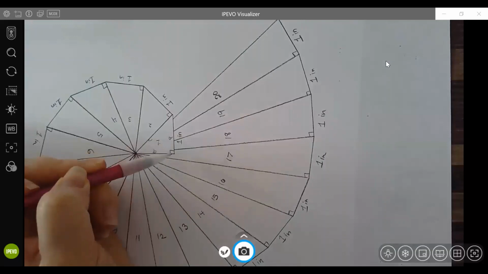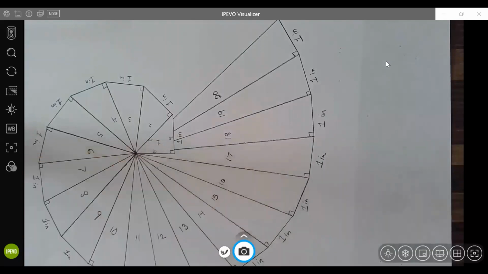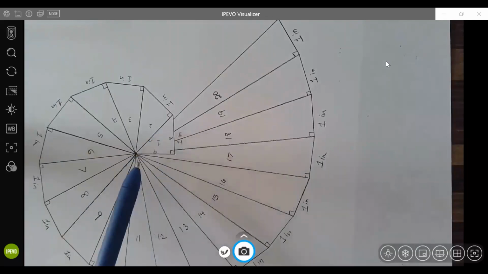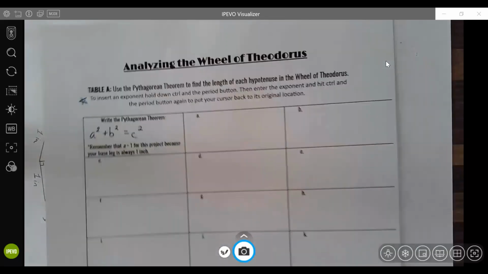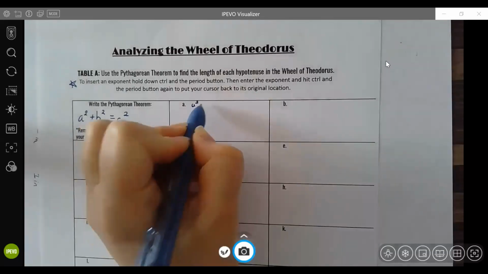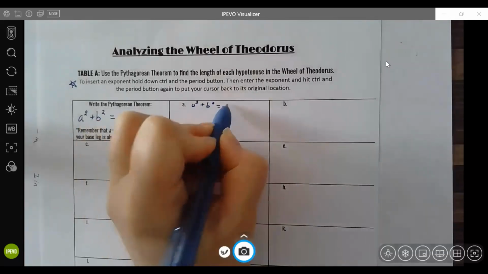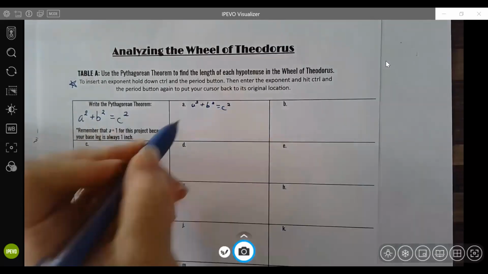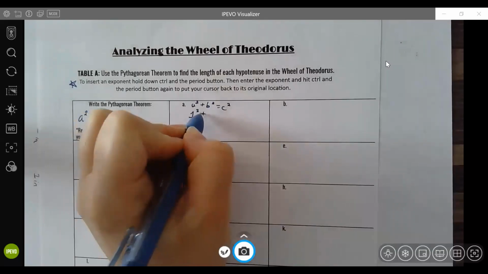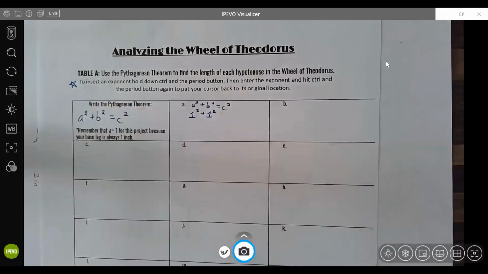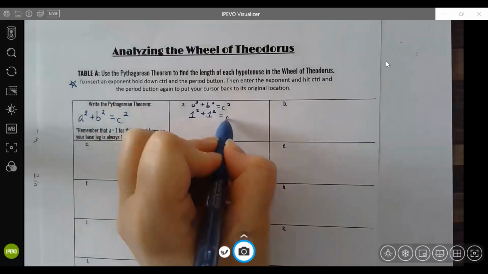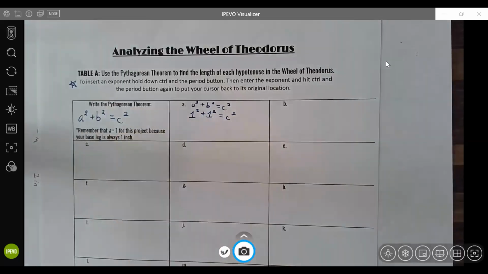Okay, and so I am going to enter that information. 1 inch, it just so happens for that very first triangle, my other leg is also 1 inch. So if I'm thinking about my a squared plus b squared equals c squared, for my first triangle, A and B are both 1. And what I am trying to find is that hypotenuse C.